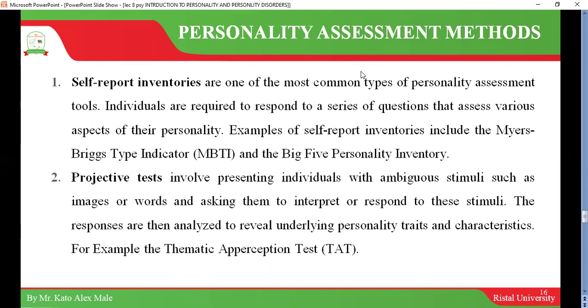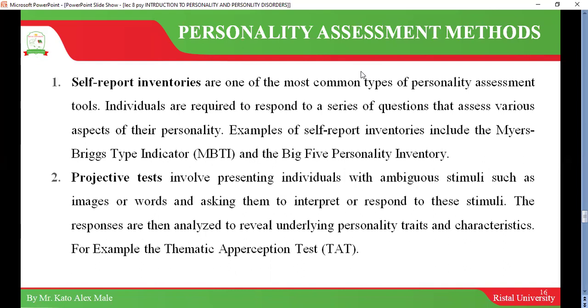With the Big Five, we try to assess whether an individual has one or all of the Big Five traits. With the MBTI, you ask many questions revolving around certain behaviors and personalities. An individual replies: I agree, I disagree, I strongly agree, I strongly disagree.